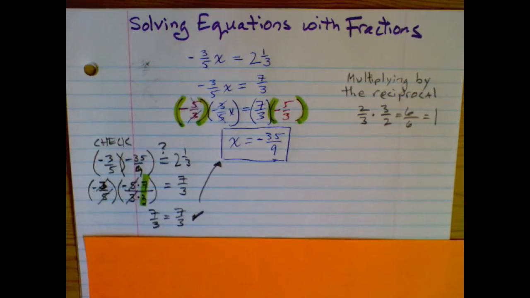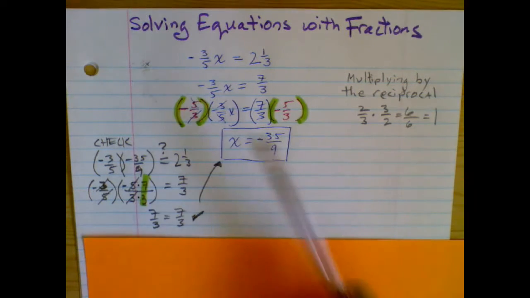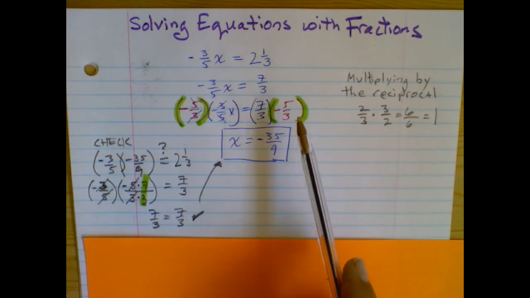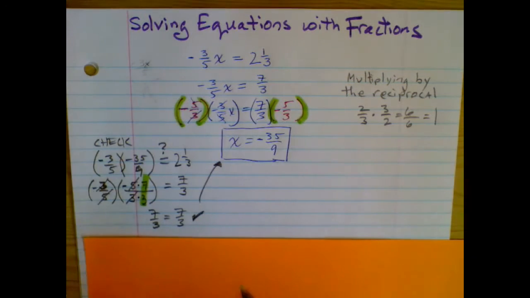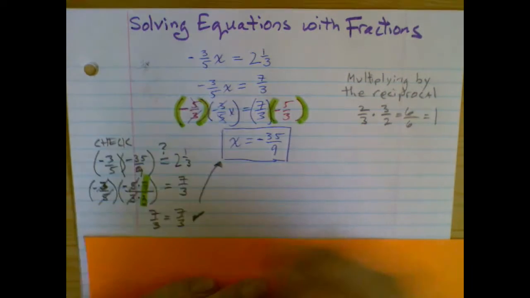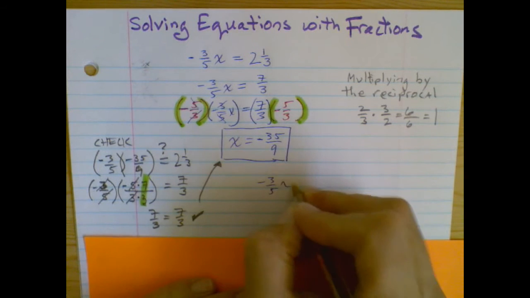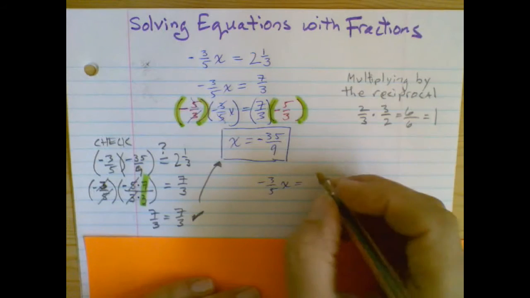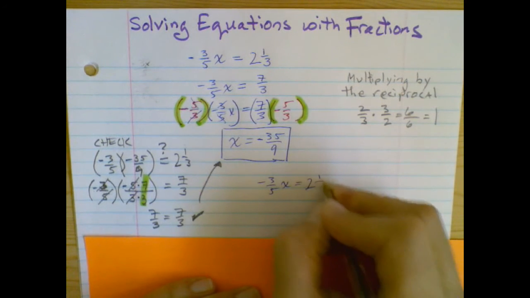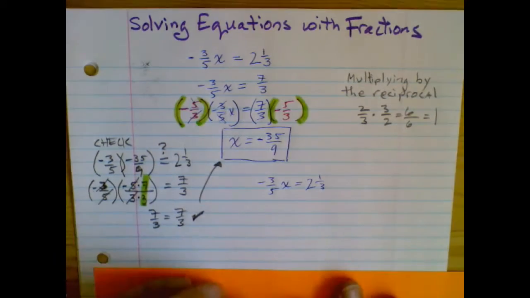So I'm done. Now, we could stop here if we want, but just to show you that multiplying by the reciprocal is the more efficient way to go, let's do it the long way so you can see that it works. Because maybe some of you are used to this kind of thinking, which is perfectly okay mathematically, but let's see how much space we take up.